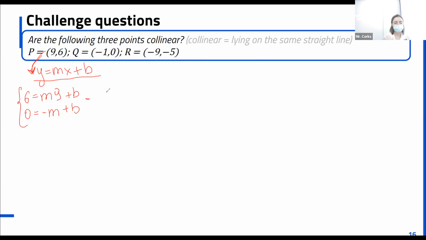Let's subtract and get rid of b. What do we have? 6 equals 9m plus m. So 6 equals 10m, and m equals 6 over 10.